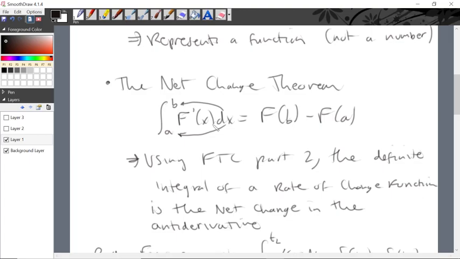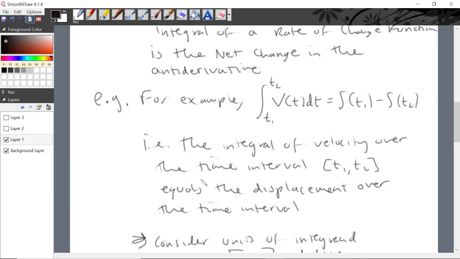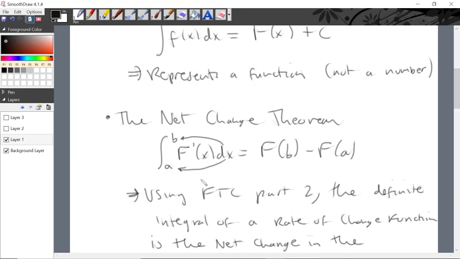So if we're integrating with respect to time, then the bounds would have to be measurements of time. If we're integrating with respect to space, such as x, distance, then the bounds would have to be measurements of distance. So in doing a unit analysis, you can better interpret what the output of an integral is trying to tell you in a sense of an application.